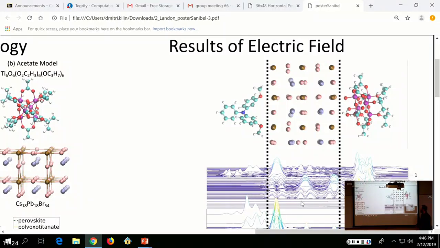You have cesium lead bromide perovskite, the same as in this case, and then the titanium dioxide from the hydroxyl model over there. It's all the same model. The difference is that we now have a whole transport material, namely spiro-OMeTAD. What we're trying to do is figure out how the excitonic behavior responds to an electric field.